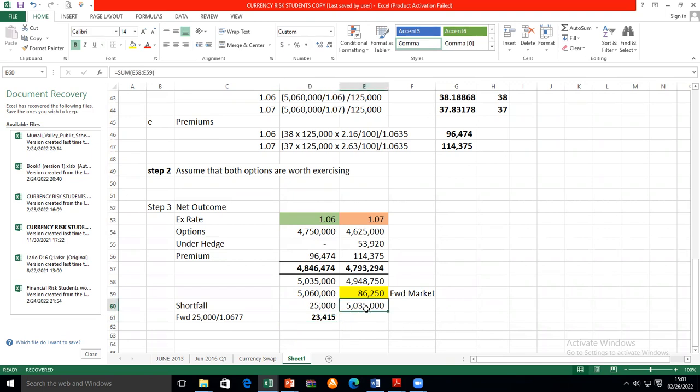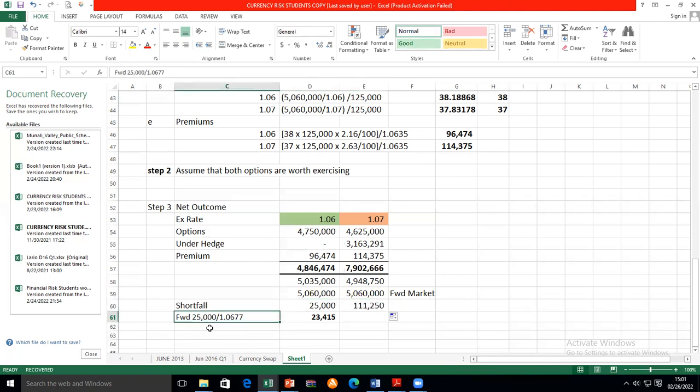Here, again, we are targeting that amount. So what's the difference? That's the difference.